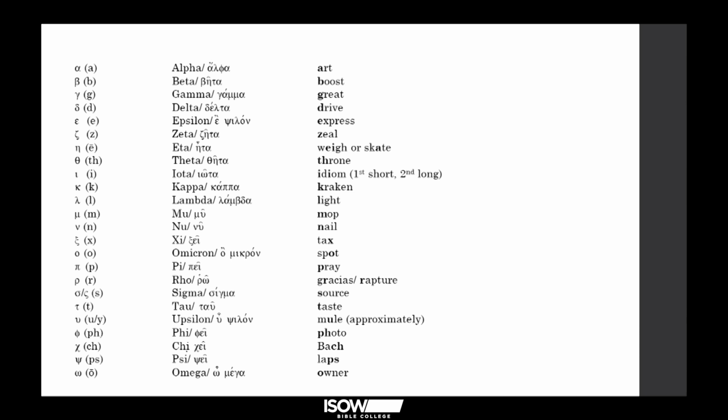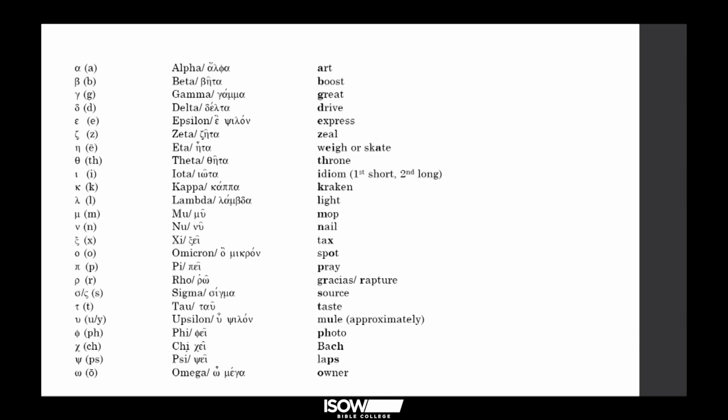Then we have iota. Iota has two different pronunciations, a short and a long in the Erasmian pronunciation, like the I's in idiom, the first one being short and the second one being long. Kappa is going to be pronounced like the English K, as in kraken.